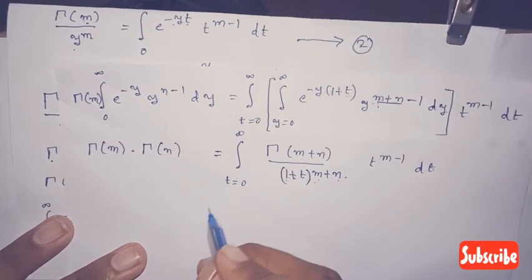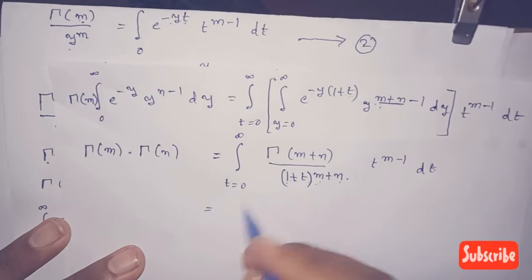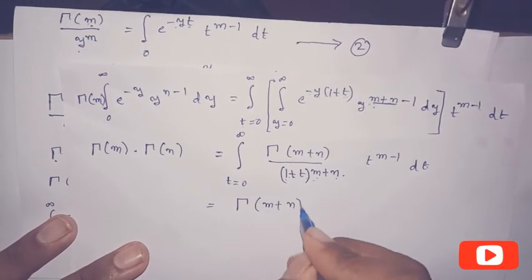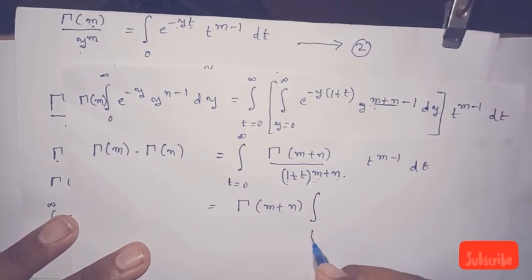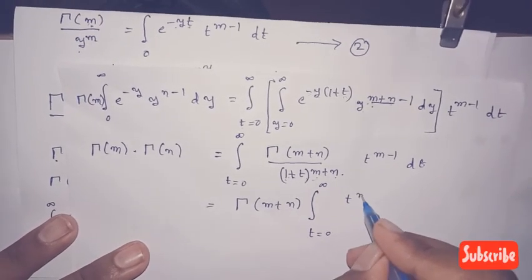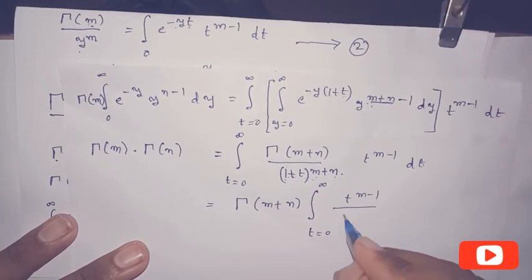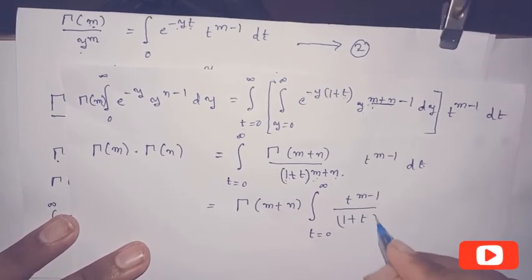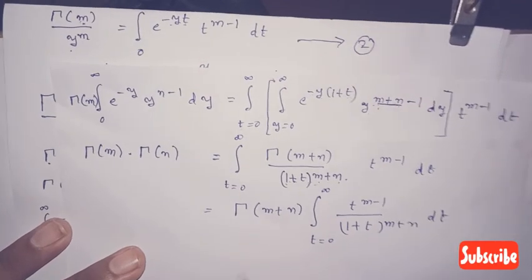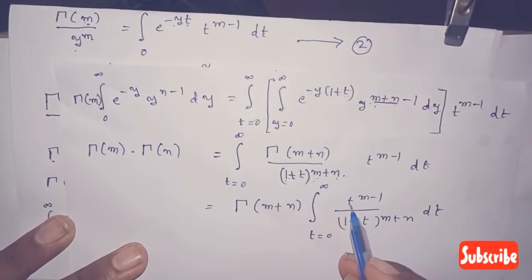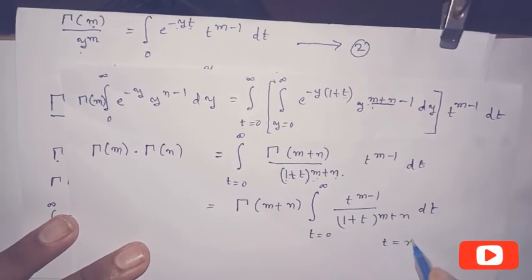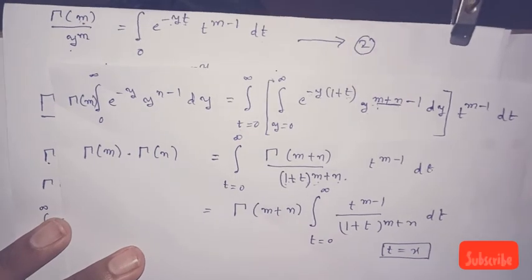Here gamma of m plus n is constant. Gamma of m plus n into the integral with the limits t equals 0 to infinity of t power of m minus 1 by 1 plus t power of m plus n dt. Let us assume, without loss of generality, t as x.